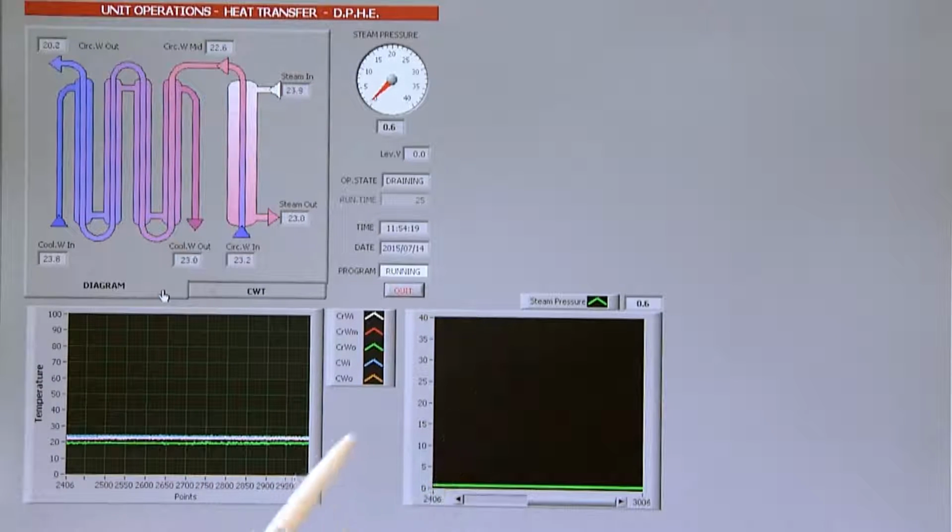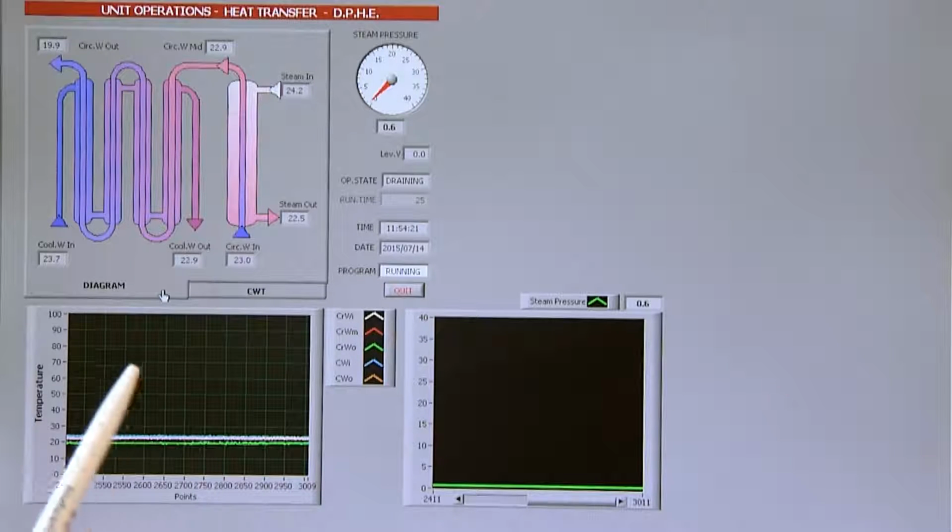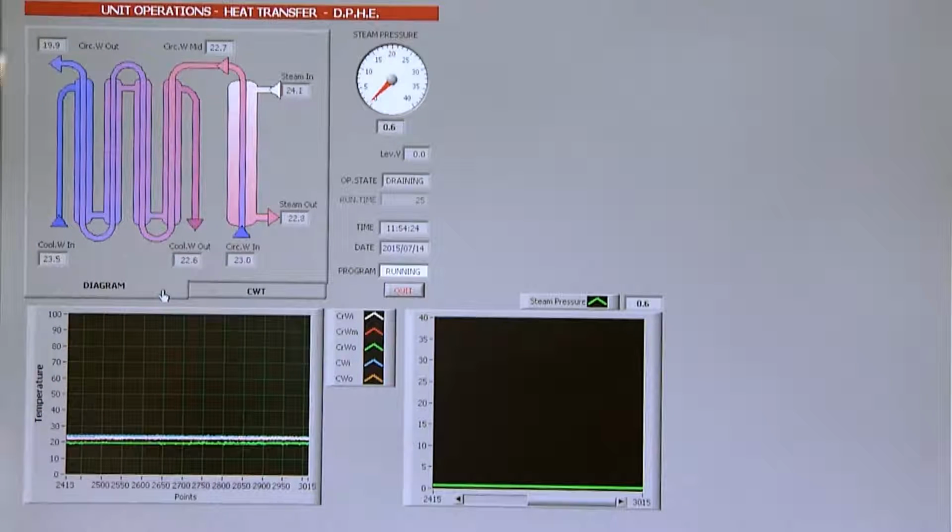This pressure is read from a transducer that is located exactly behind the gauge display on the panel, and it's in the same units. These are PSIG. Remember that means pounds per square inch gauge. That means pounds per square inch above the atmospheric pressure.